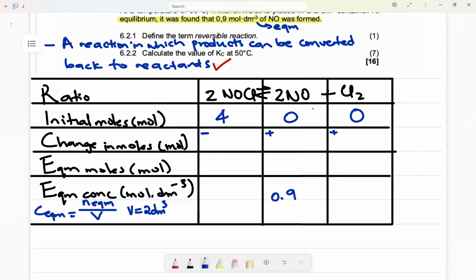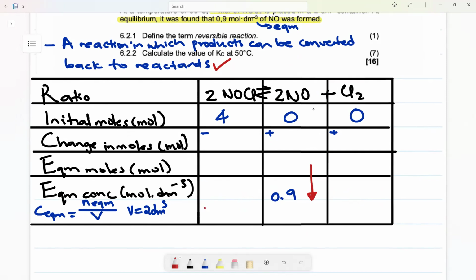Now they want Kc. What can we do? Remember, for Kc, we need these concentrations. How can you find that? I'm going to use the row with more information, which is this one. If I want concentration at equilibrium, I have to say number of moles at equilibrium divided by volume.